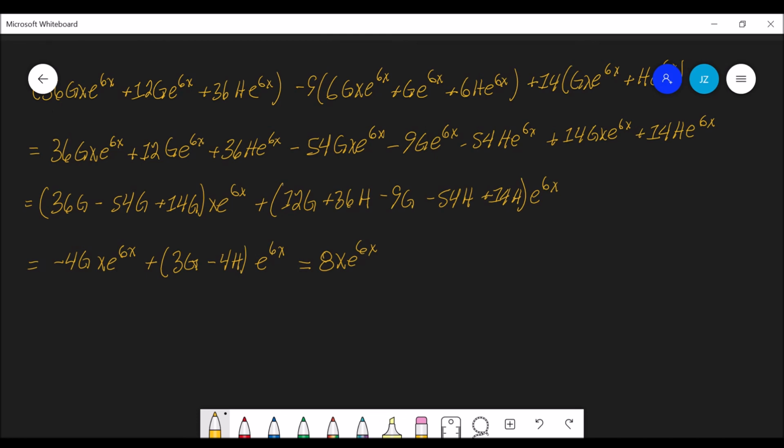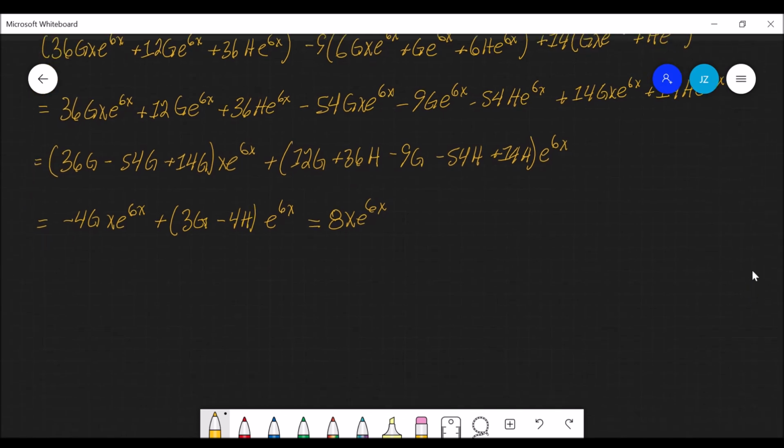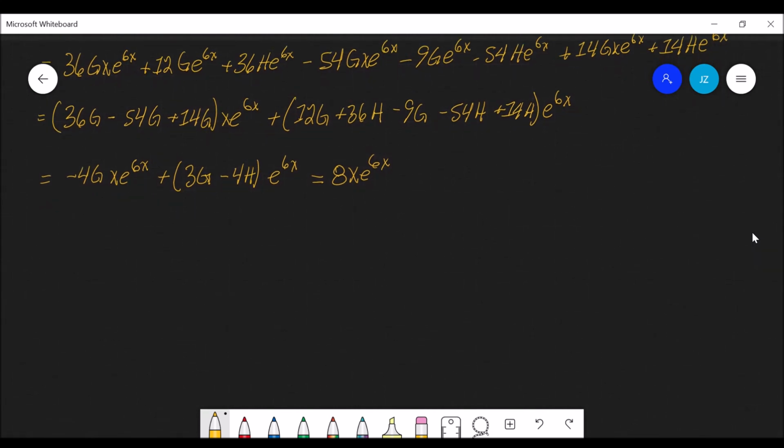And now we'll do coefficient comparison to get the system. Negative 4g is equal to 8, and 3g minus 4h is equal to 0. So this is our xe to the 6x.